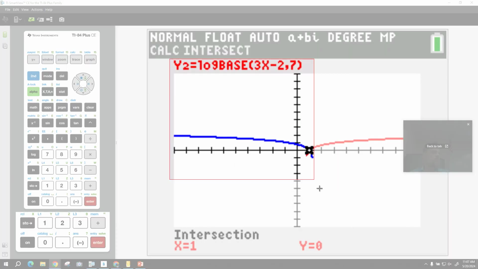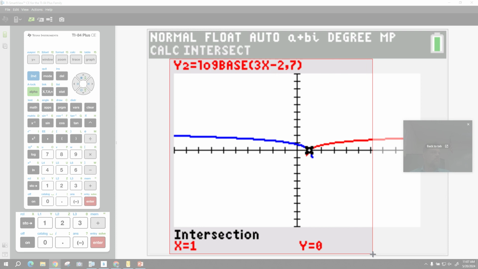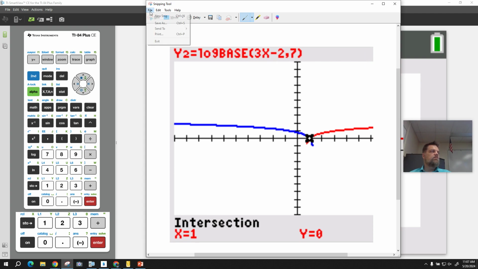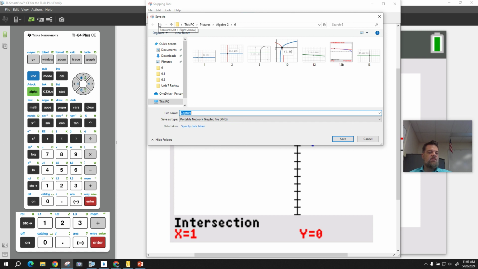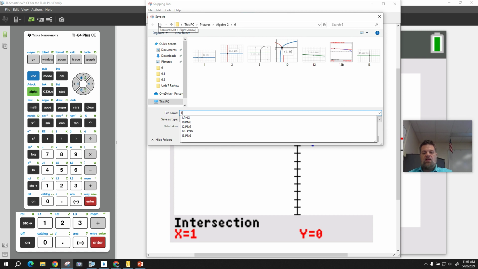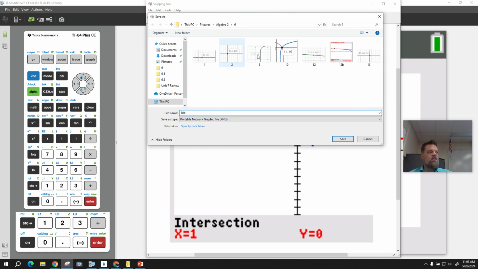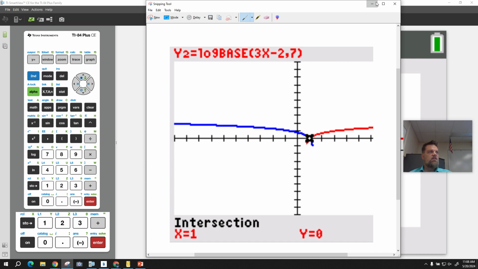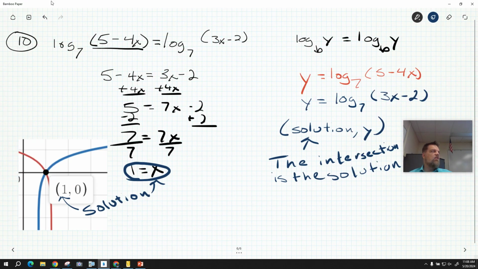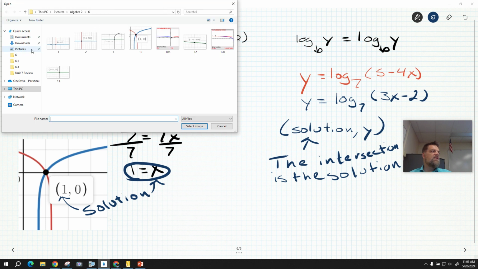So on all of these problems, you're just going to graph the left-hand side of the equal sign, and then graph the right-hand side of the equal sign, and then find out where they intersect. Now, some of them have really big numbers, so it's easier to do it in Desmos because it's easier to find the intersection.